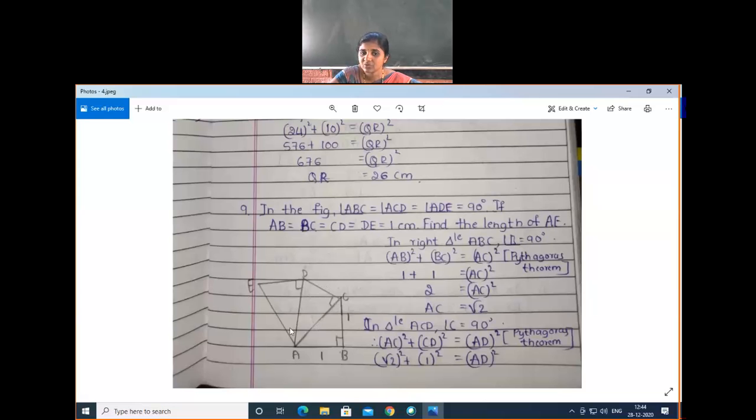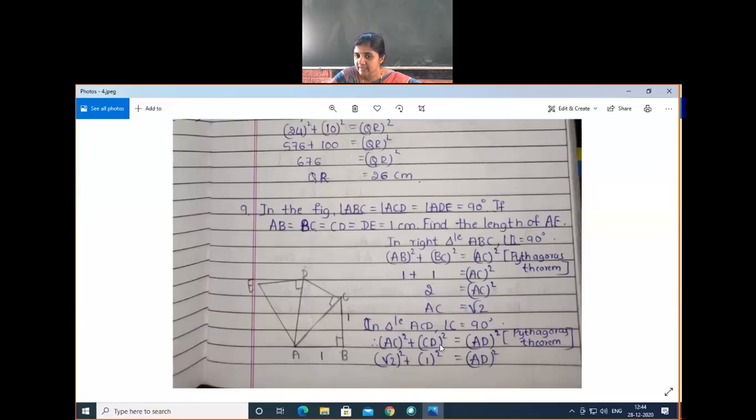Now you have to choose the second triangle ACD. In triangle ACD, angle C is equal to 90 degrees. So now again Pythagoras theorem: AC square plus DC square is equal to AD square. Got the idea? This is the hypotenuse for this triangle.